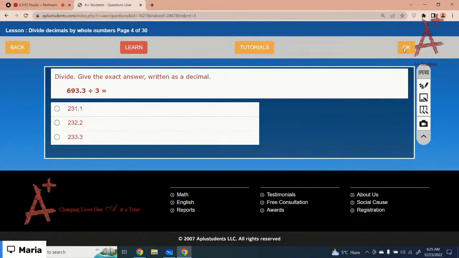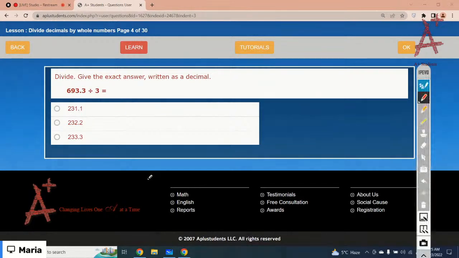Okay, the next one is 693.3 divided by 3. So divide like we divide whole numbers. Got it? 3 times 2 is 6. Bring the next digit down. 3 times 3 is 9. Bring the next digit down. 3 times 1 is 3, 0.